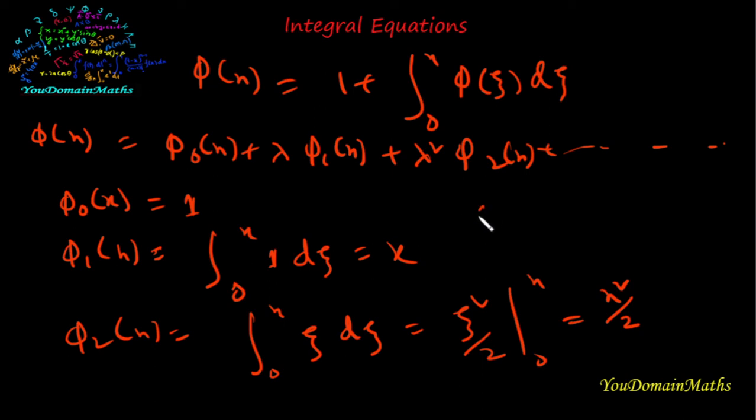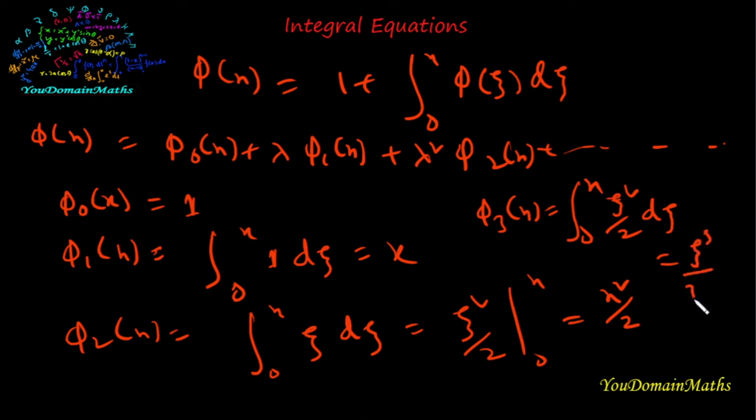And if we find phi 3 of x, then the integral from 0 to x of phi 2 of xi, that means xi square by 2, d xi, and from this we get x cube by factorial 3.